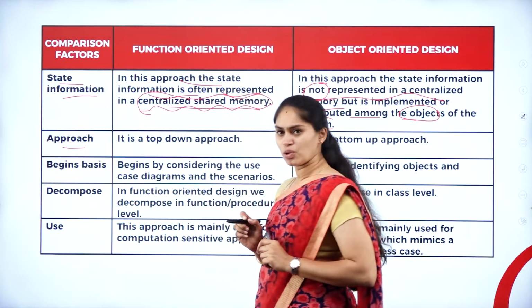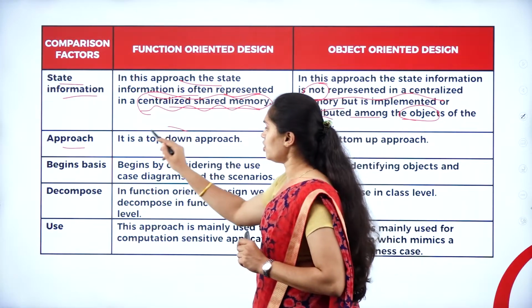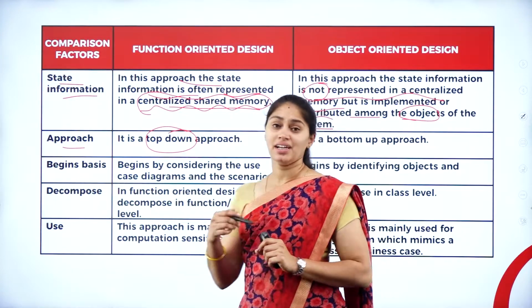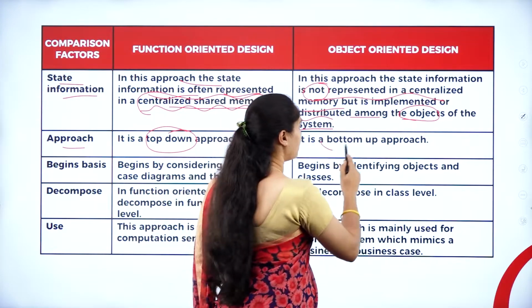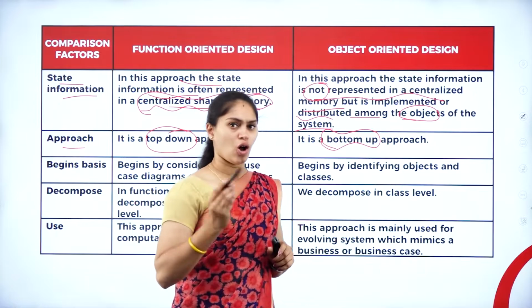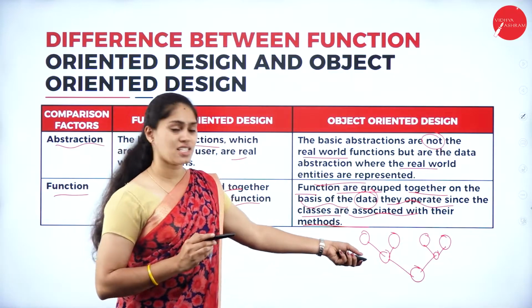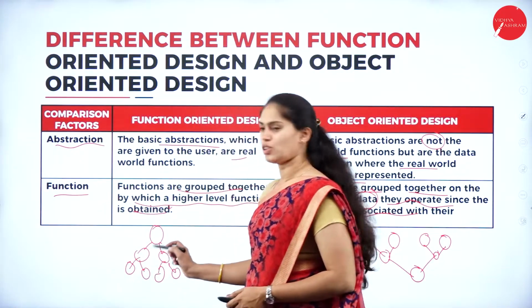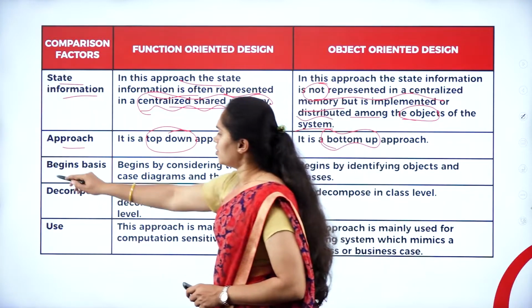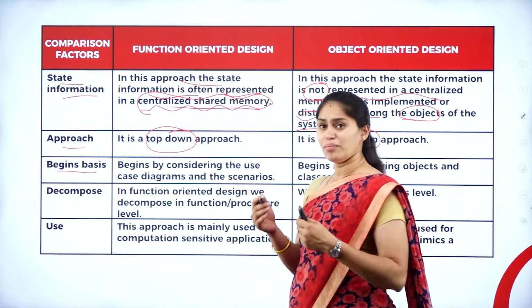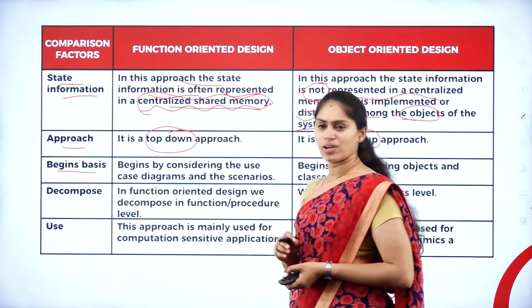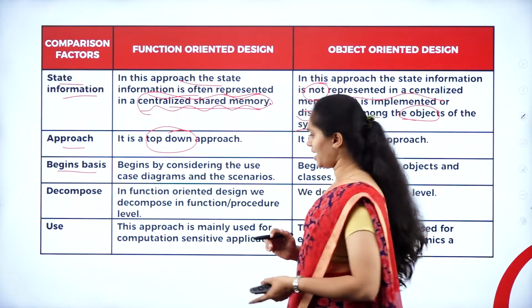Then what kind of approach is this? It is related to the top-down approach, and just in contrast to that, it is the bottom-up approach. Already I have written that this is bottom up and this is top down, right? Then the beginning basis: on what basis do we do this function oriented design? At what time will it be invoked?